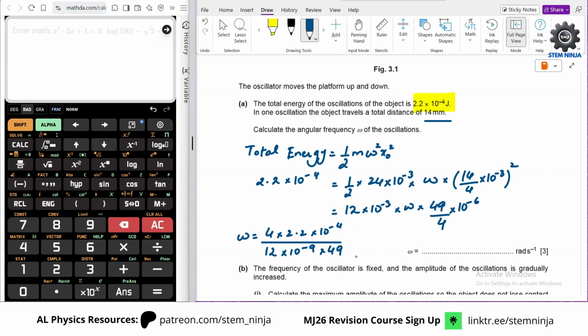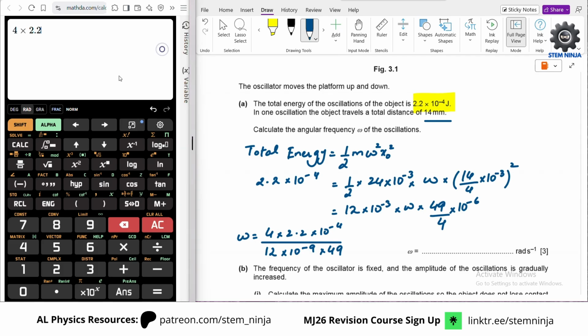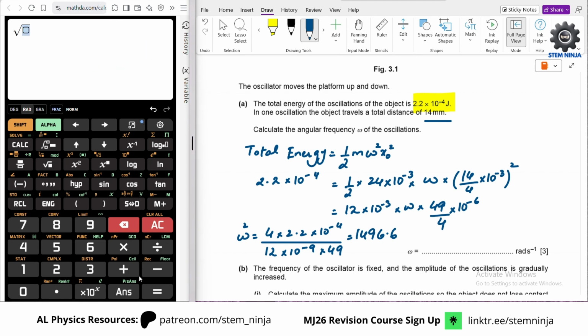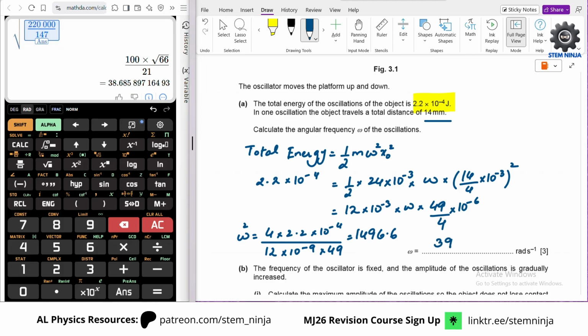Alright, let's solve this. So 4 times 2.2 divided by 12 divided by 49 times 10^-4 plus 9. Oh, sorry, this is omega squared, by the way. So this is 1496, let's say 6. We need the square root of this, which would be 38.6. So therefore omega would be 39.